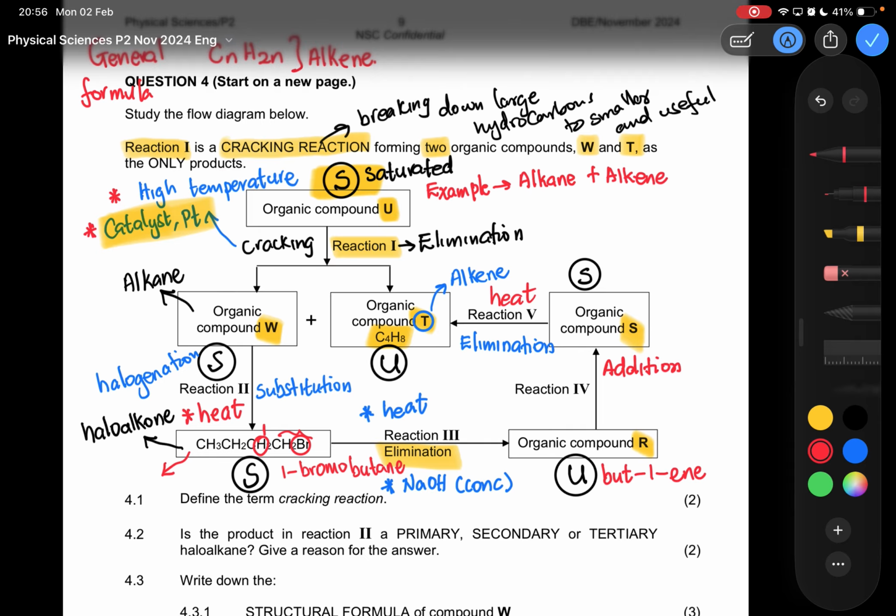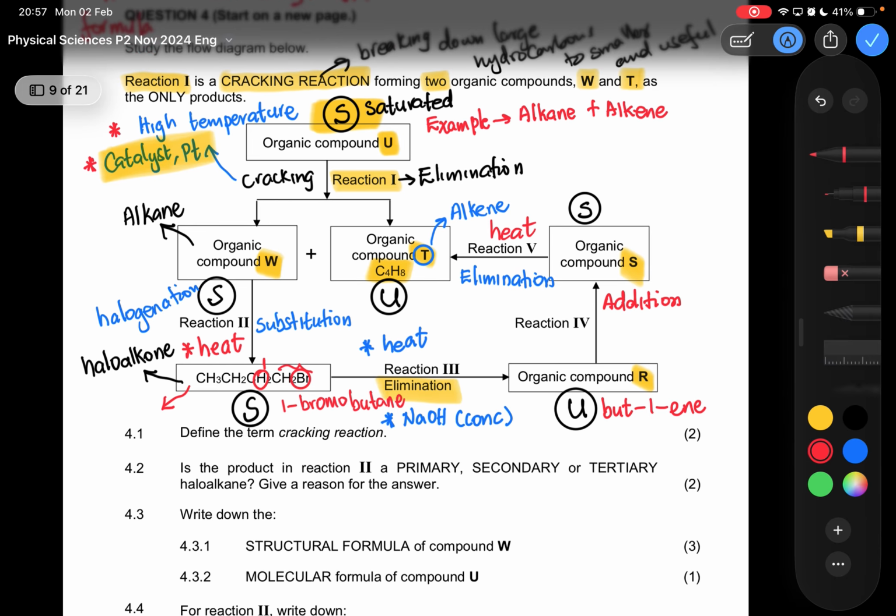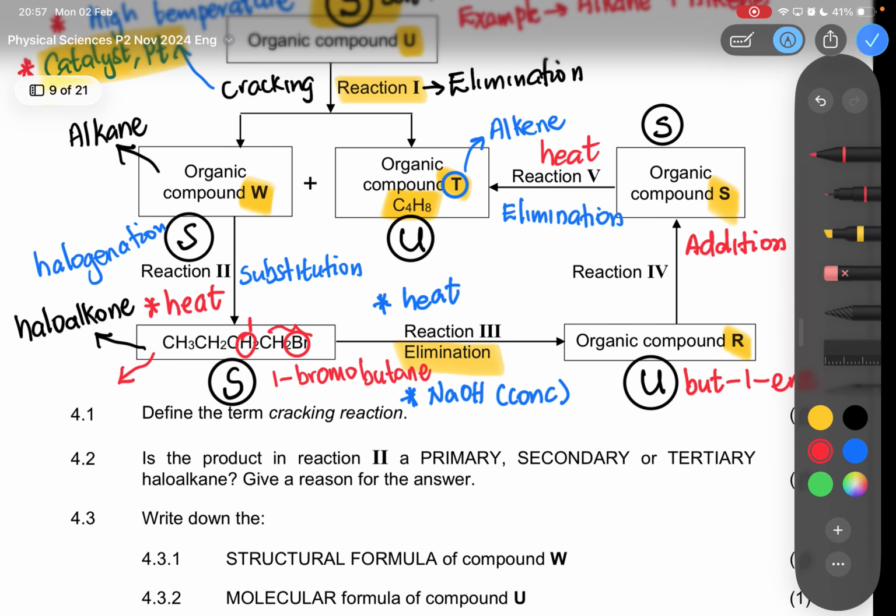Any suggestions or input on what I've done, and maybe what's the best way you would have engaged with this flow chart of organic reactions? Okay, since there are no inputs, allow me to go through the questions and see if we have responded to these questions or not.